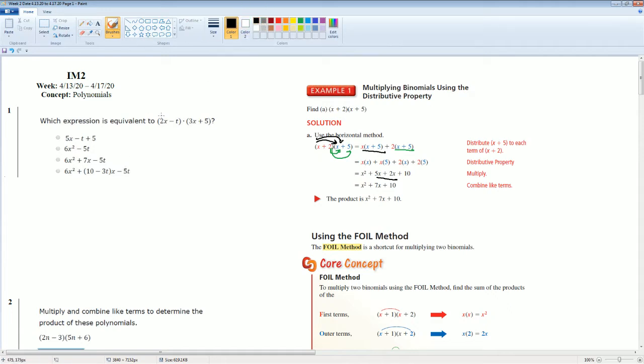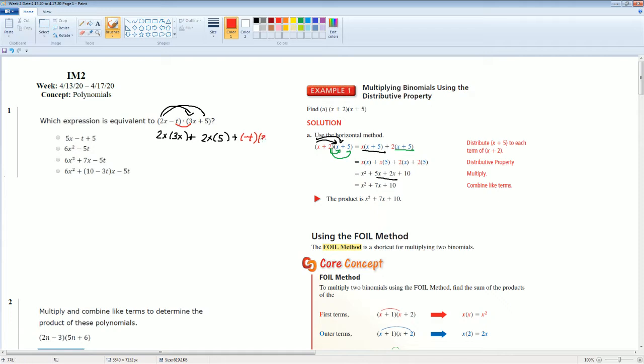All right? So you have 2x times 3x. Then you have plus 2x times 5, plus then you have the bottom part, negative t, because negative 5, negative t, because this is negative, right?